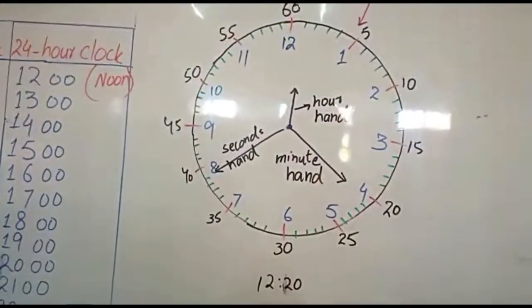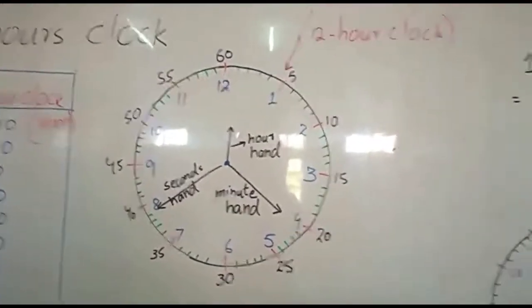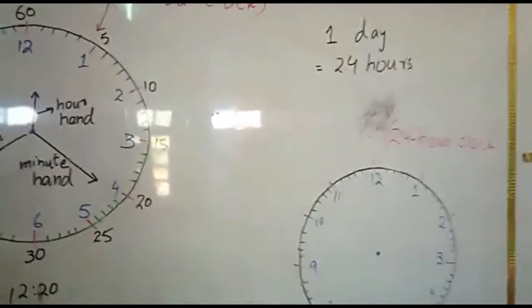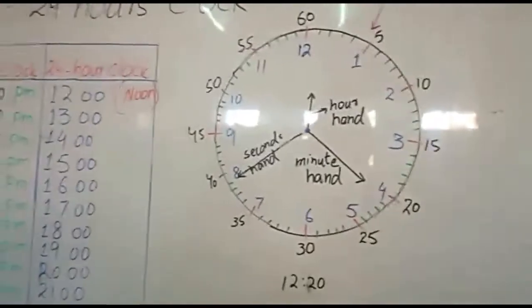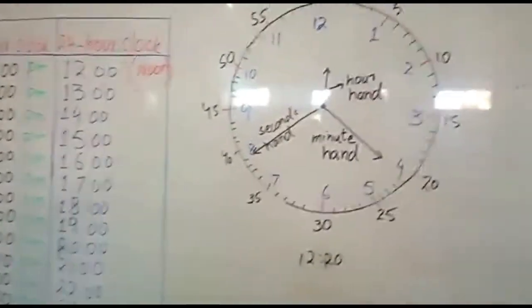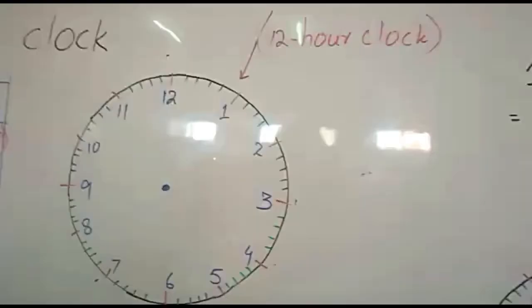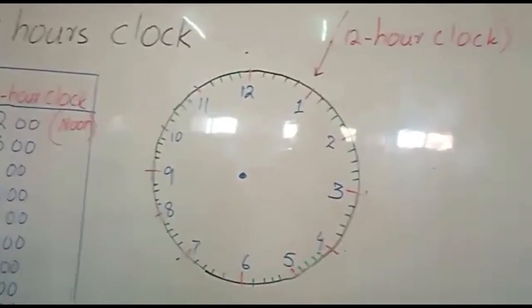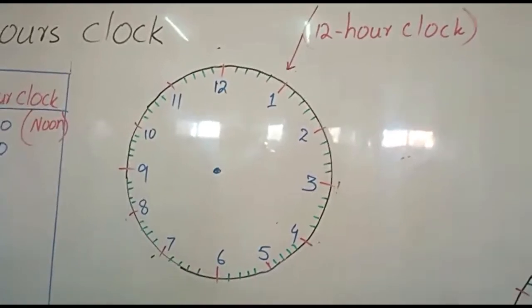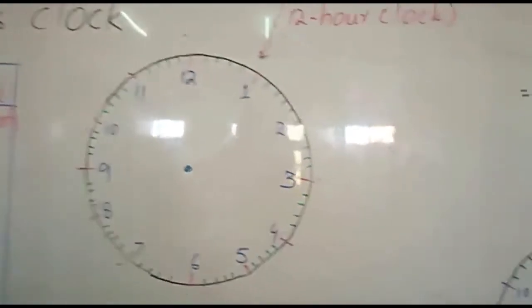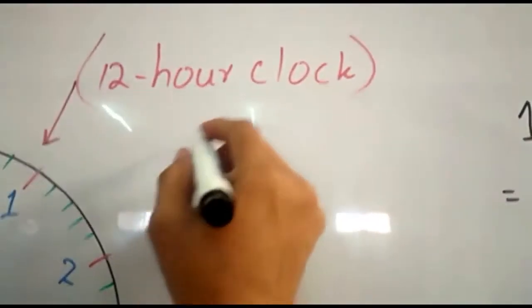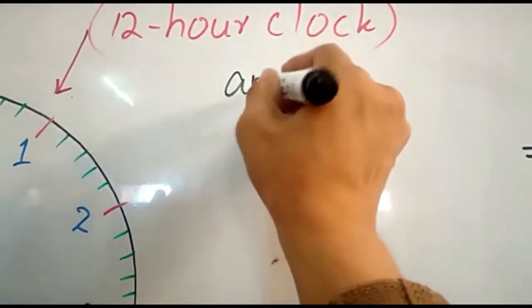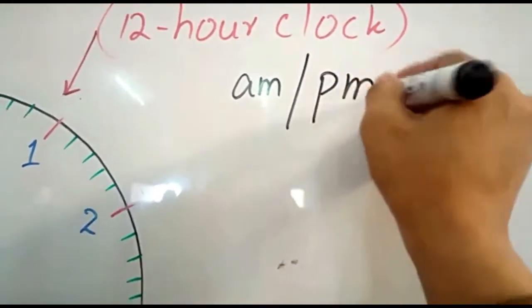Now after this I will tell you about the 12-hour clock and 24-hour clock and about the cycles of the clock. First of all, the 12-hour clock. In the case of the 12-hour clock, we measure the time in AM and PM.